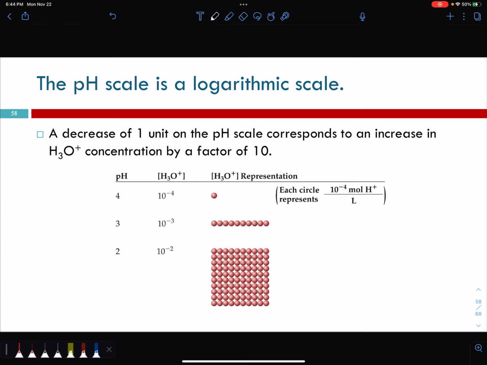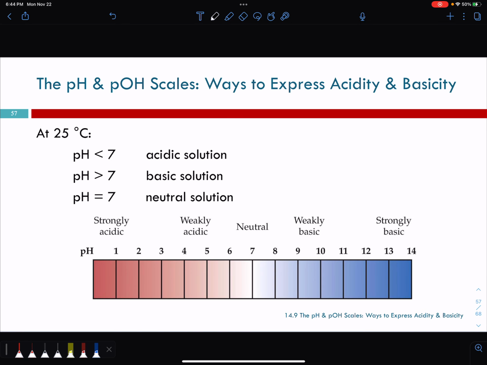So the pH scale is a logarithmic scale. Actually, I'm going to point this out here now too. pH 7 is the same as 1 times 10 to the negative 7 molar H3O plus. We'll see how to do that calculation. It's not very hard.